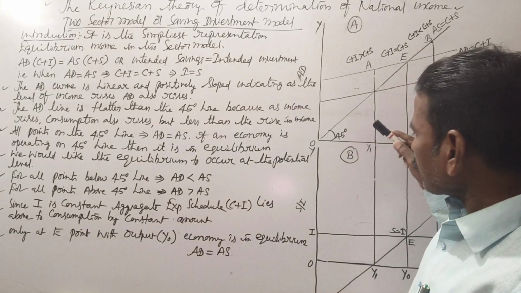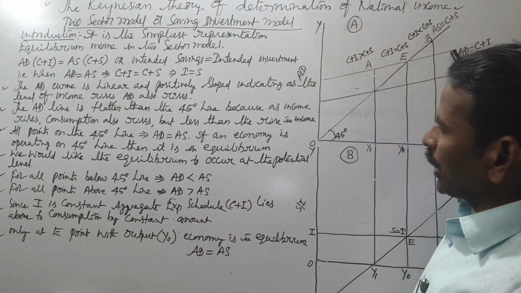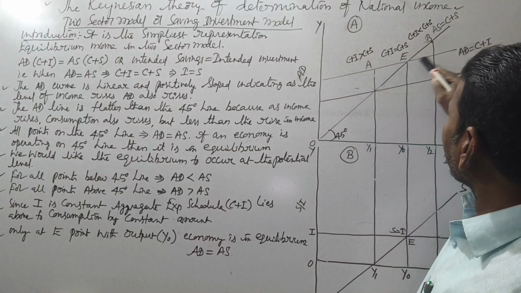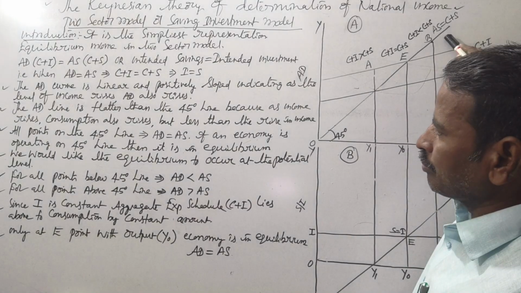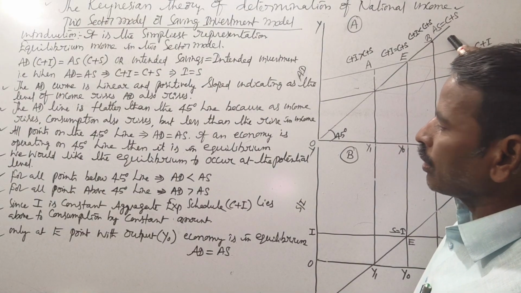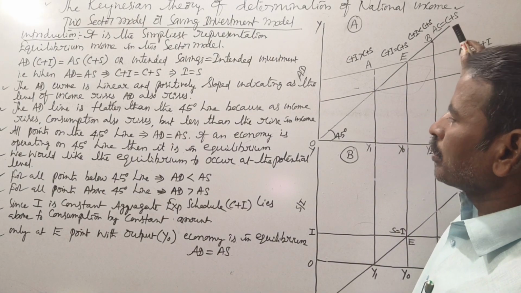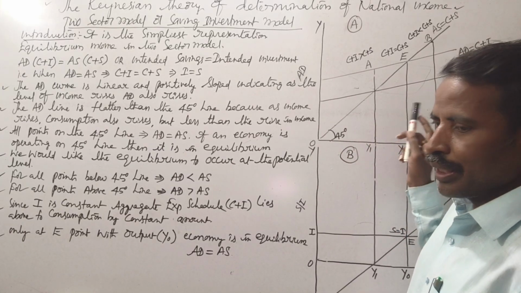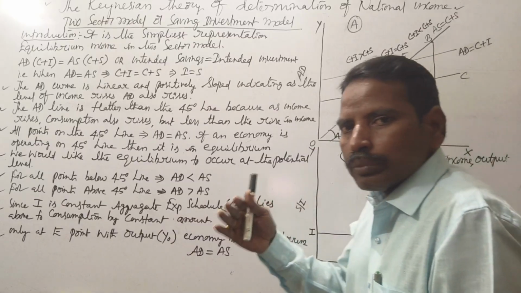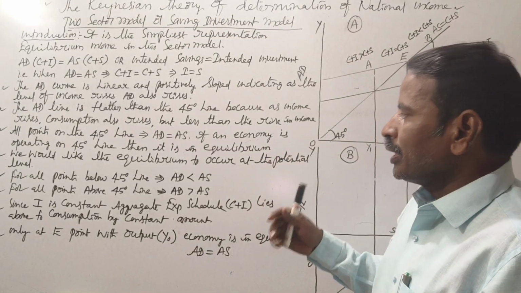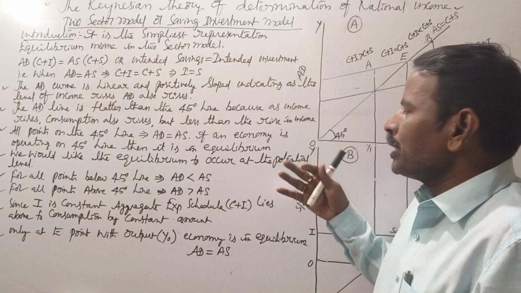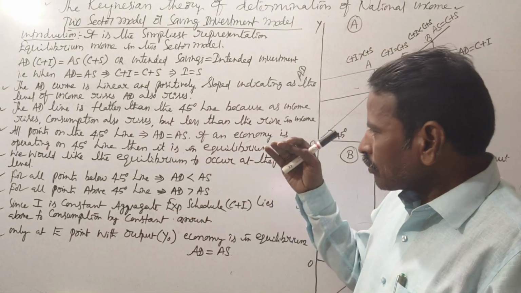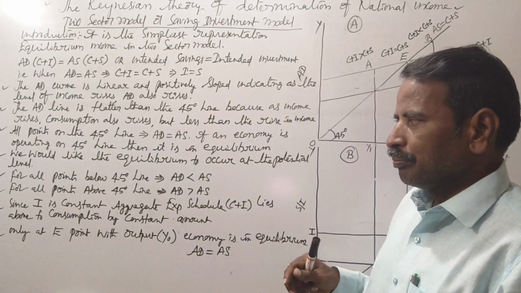This is the aggregate demand line, and it is flatter than the aggregate supply line, the 45-degree line, because as income rises, consumption also rises, but the rise in consumption is less than the rise in income.